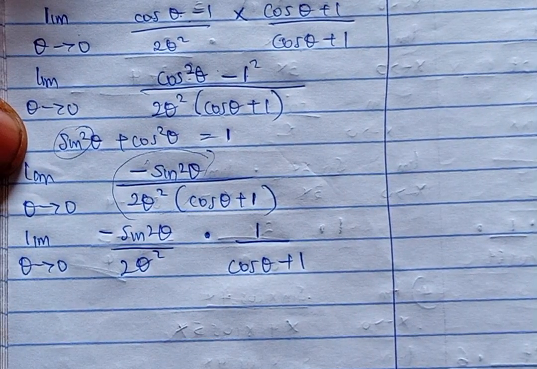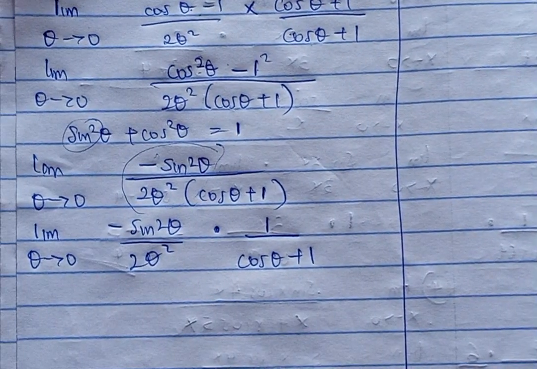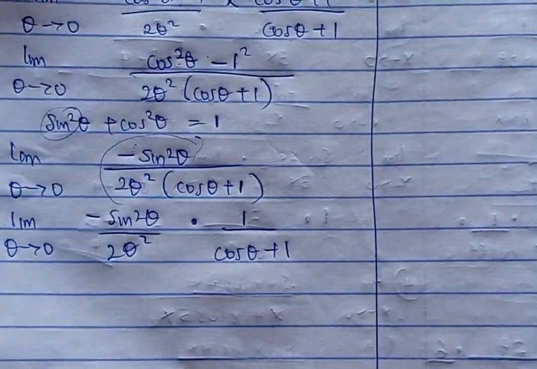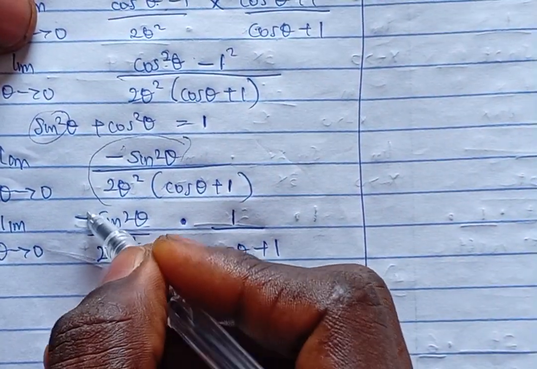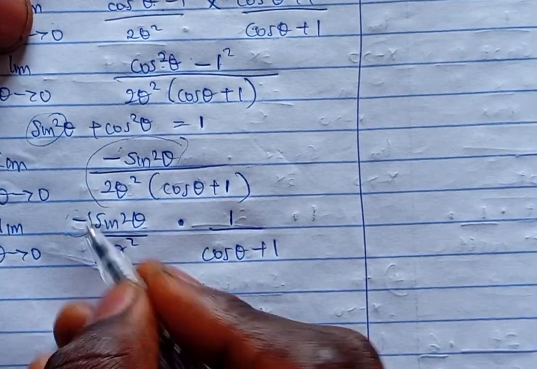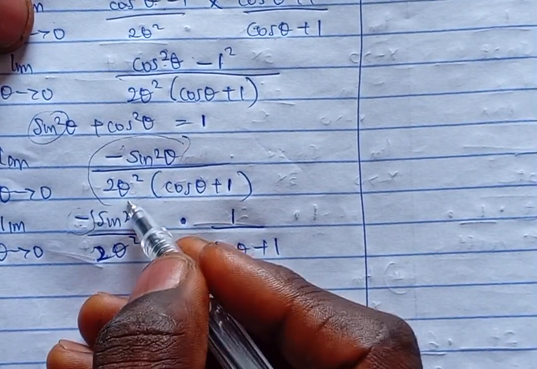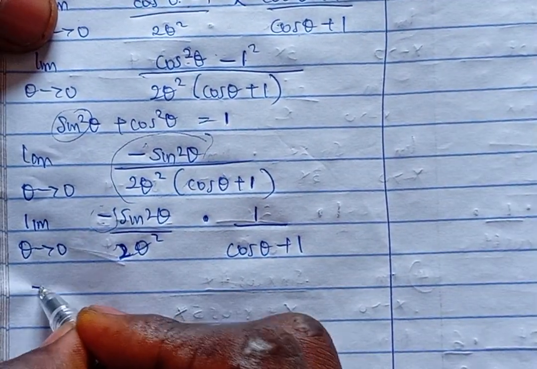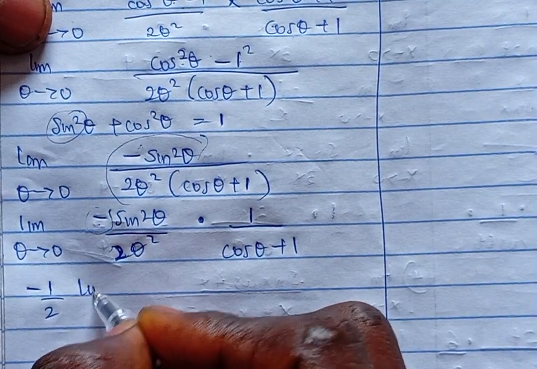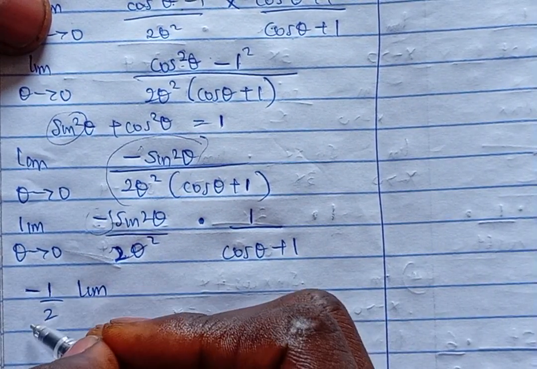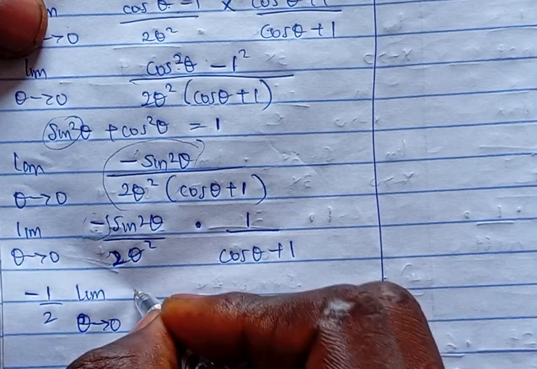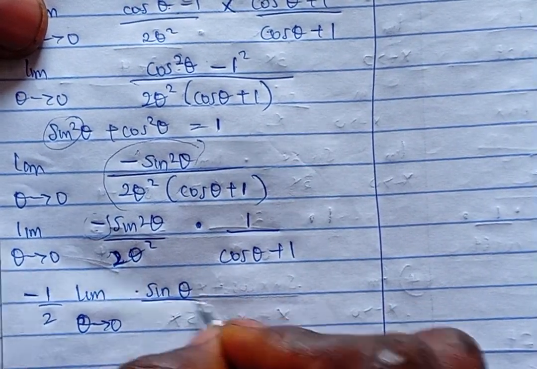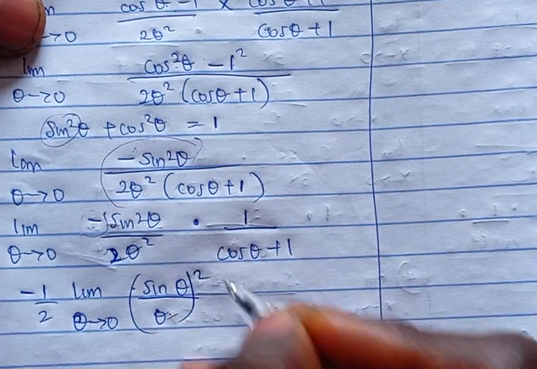I did not do anything wrong, I just split the multiplication. Now I can bring minus 1 over 2 out, because 2 is at the denominator, minus 1 is at the numerator. So I have minus 1 over 2. If you check the properties of the limit, you can bring out a constant, into the limit as theta tends to 0 of sine theta over theta all squared.